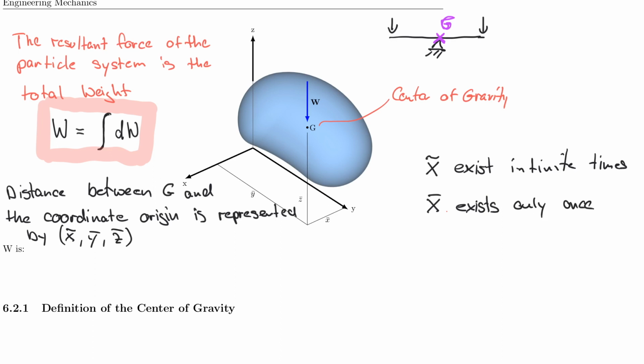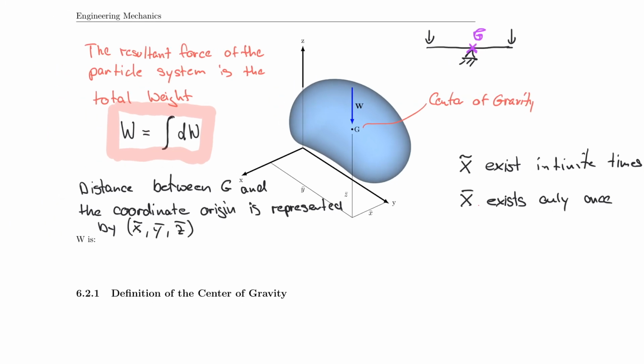And of course that's true for the other directions too, y and z. So I want you to understand the difference here. This x bar defines the distance between the origin and the center of gravity, and because the center of gravity only exists once in the potato, that also exists only once. Whereas x tilde was the distance between the coordinate origin and each individual particle, so that would exist infinite times as well.